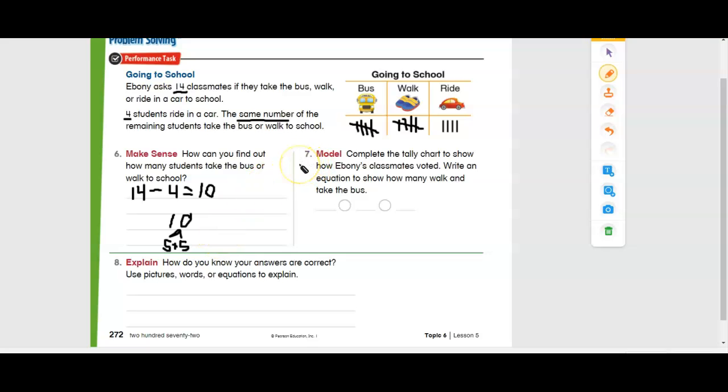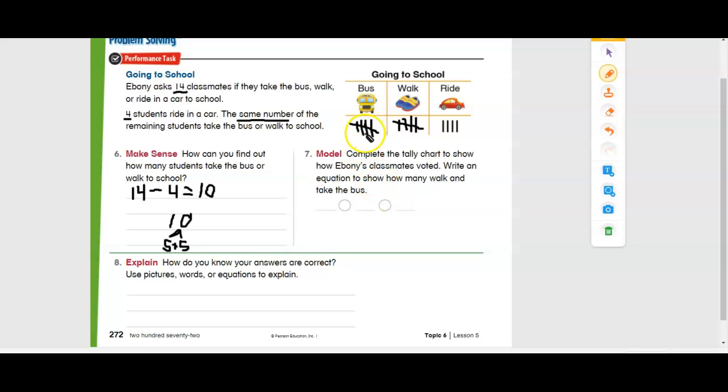For number 7, it says complete the tally chart to show how Ebony's classmates voted. We completed our tally chart together by giving bus 5 votes and walking 5 votes. So now what we will do is write an equation to show how many walked and take the bus.